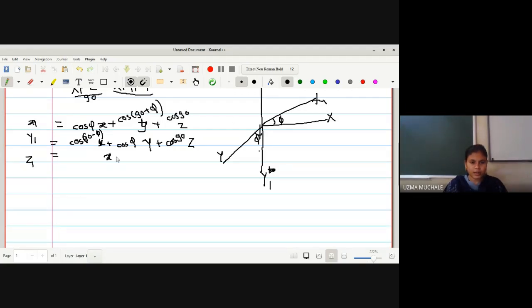Now let us find the angle between x and z1, y and z1, plus z and z1. We know that z1 is nothing but z. You should remember this one. Here I will write z is equal to z1.